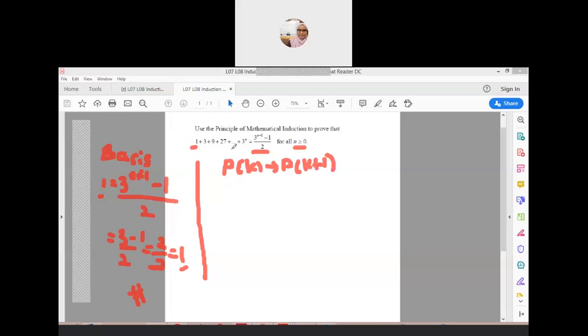Okay, for here, we know that we just replace n with k, so it becomes 1 plus 3 plus 9 plus, I hope that you will understand my handwriting here, 27 plus dot dot dot plus 3 power of k is equal to 3 power of k plus 1 divided by 1, minus 1 divided by 2.